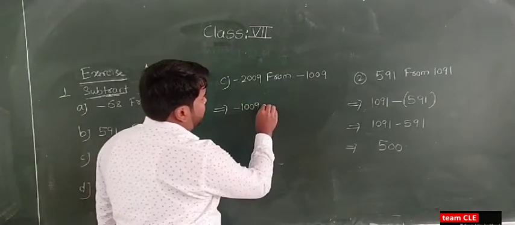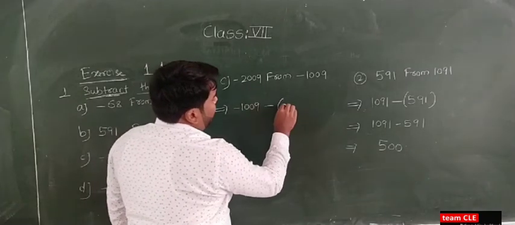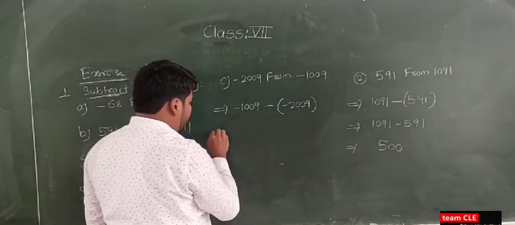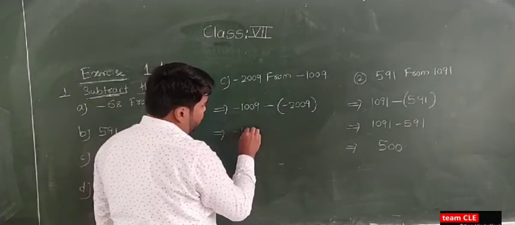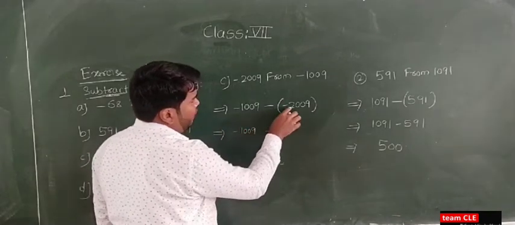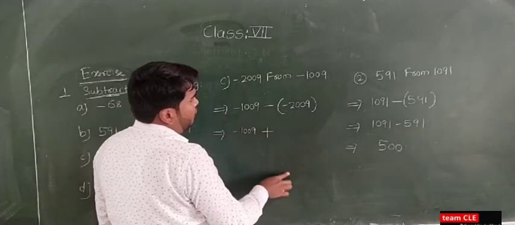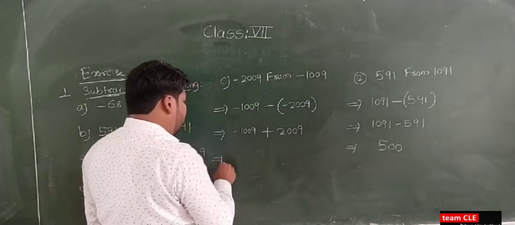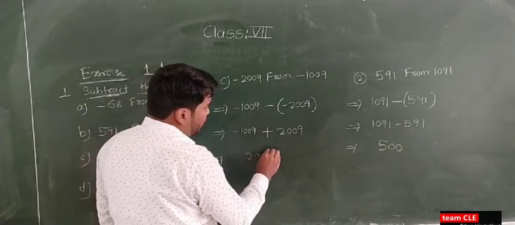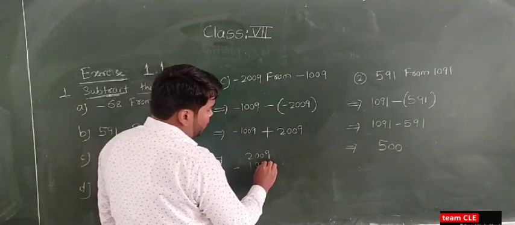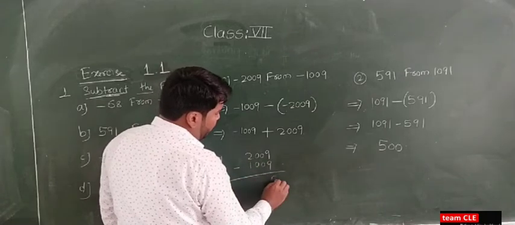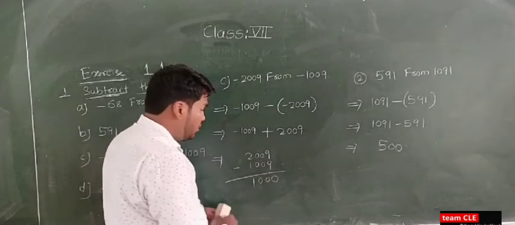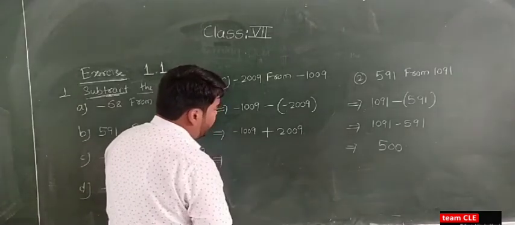The operation is subtraction. Write in the form of a bracket minus 2009. Now minus into minus is again plus, so 2009. So now what you have to do? 2009 minus 1009. Again 0, 0, 0, 2 minus 1 is 1. That is 1000.